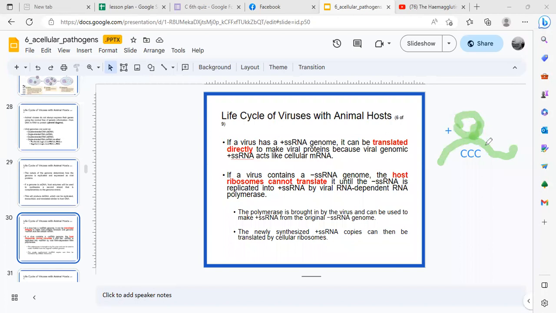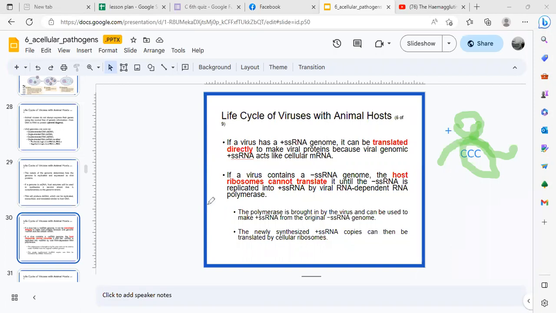na pwede nang gawan ng proteins. So dito na yung production ng genetic material and protein material ng new virion. Okay? So, a virus contains a negative ssRNA genome, cannot translate it until yung negative single-stranded RNA is replicated into the positive single-stranded RNA.